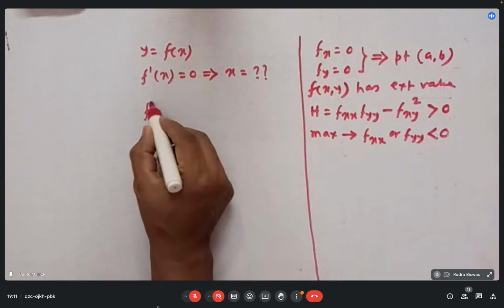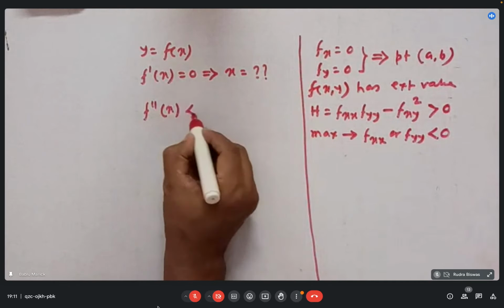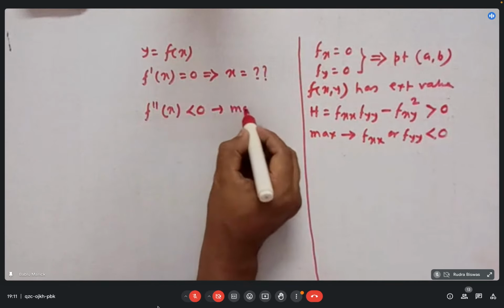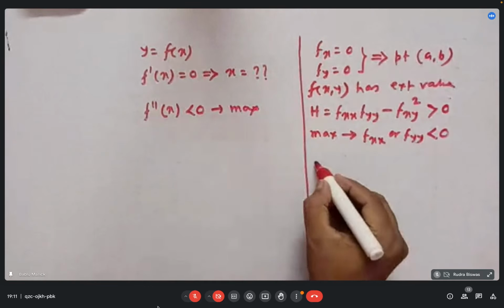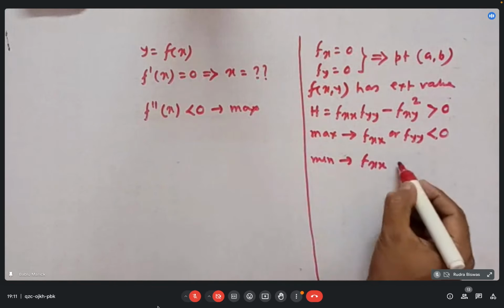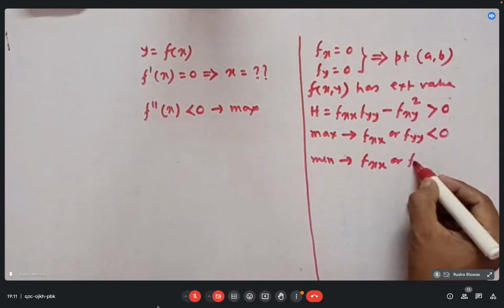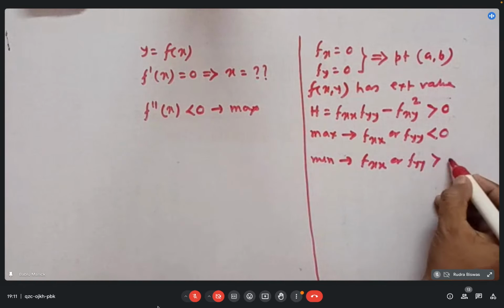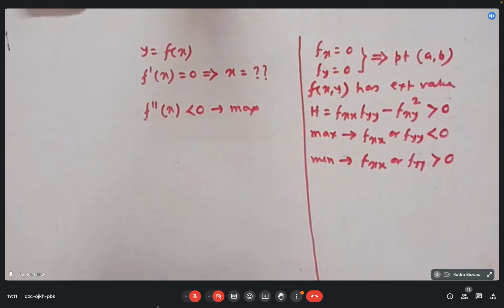We have done second order derivative less than 0 means maximum value is present, and for minimum value fxx or fyy is greater than 0.